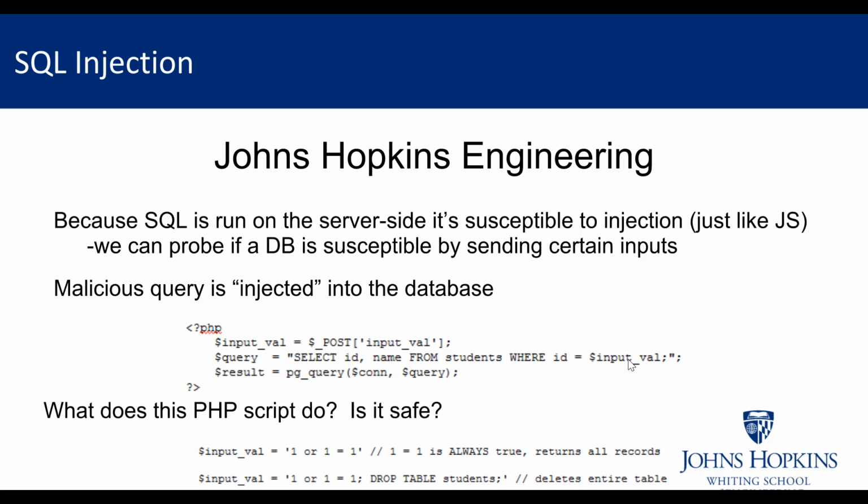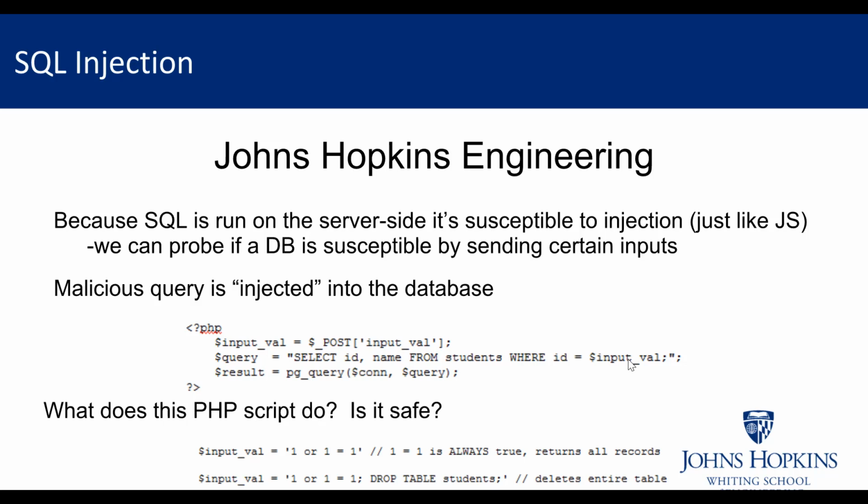So I've written a small example here for you, just a little blurb of PHP. And you can see here that input val is actually taken from the post method of a simple HTML form. So in this case, it's taking the value from the form and storing it in the variable input val. Next, we're going to do another select statement here.